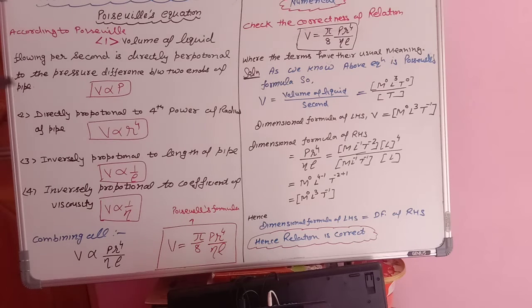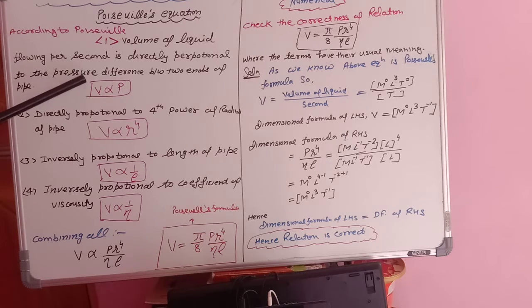So by combining all these points 1, 2, 3, 4, you can see P and R4 are in the numerator and L and eta are in the denominator.